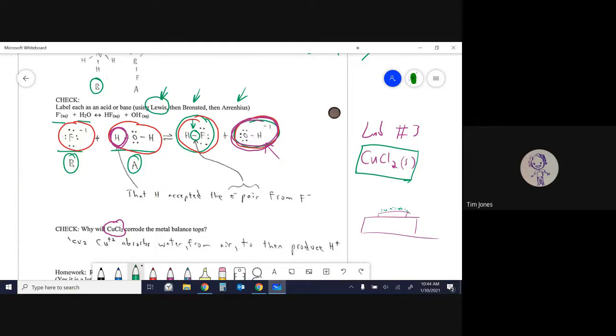But it turns out this is a weak acid because as the solid particles sit there, the copper and the chloride absorb water. And then what happens is the copper ion gains water to form the complex ion.